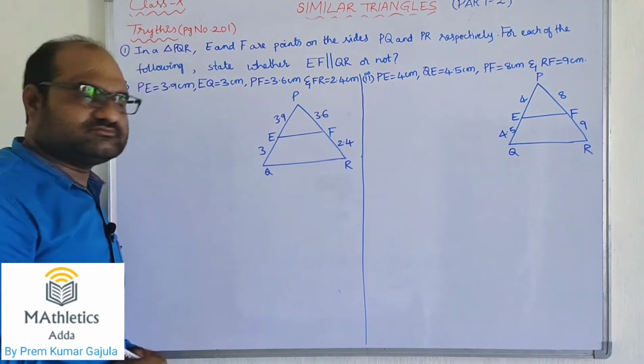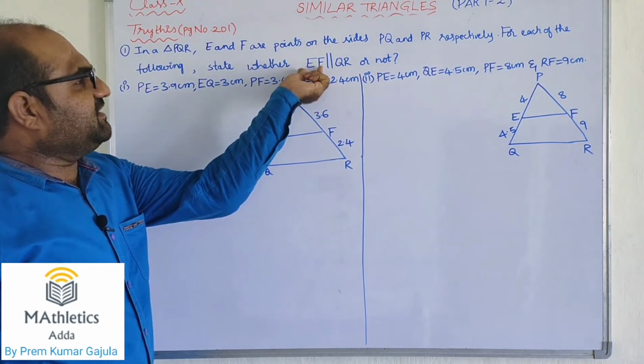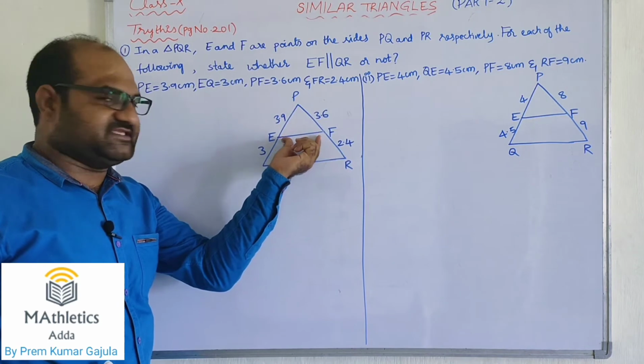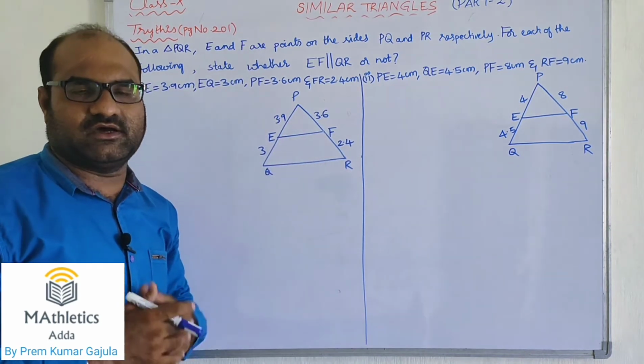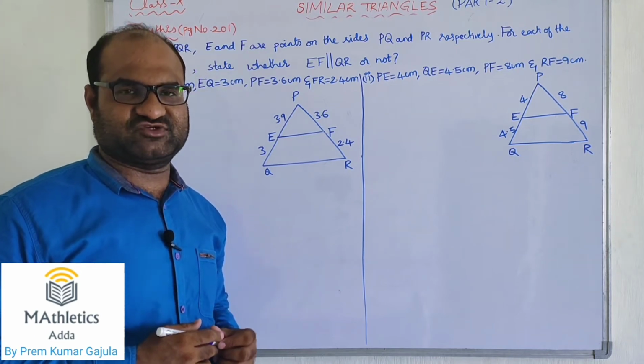So now what we have to say is whether EF is parallel to QR or not. How can we say? By using the converse of the basic proportionality theorem.